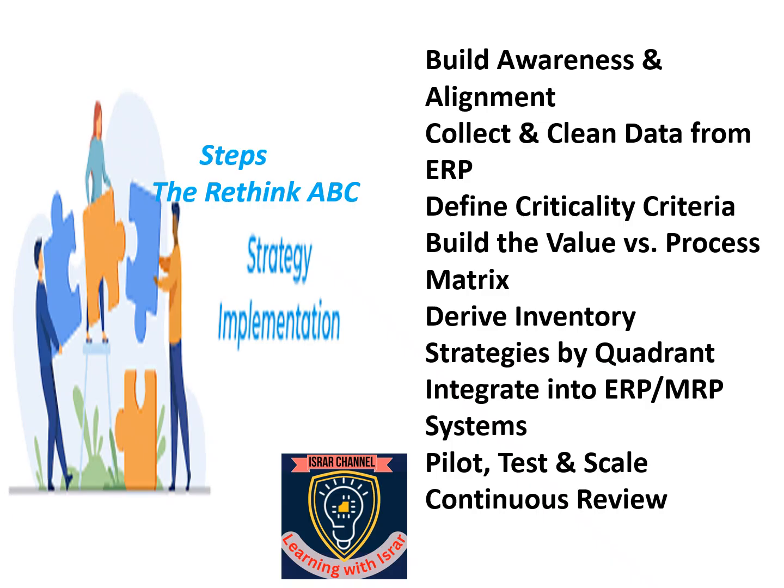Then drive inventory strategies by quadrants, then integrate into ERP and MRP systems. Pilot it in a small department and test, then scale it, and keep continuously reviewing the method.